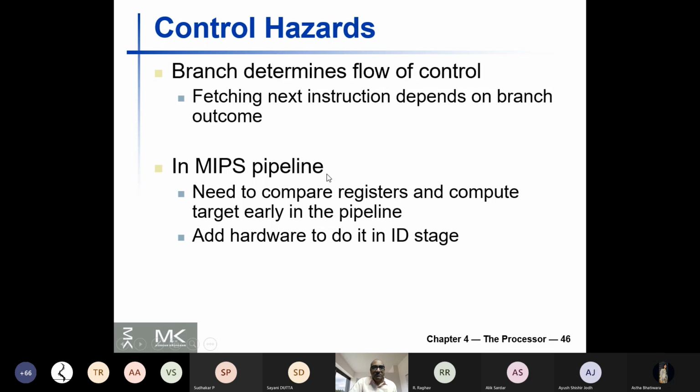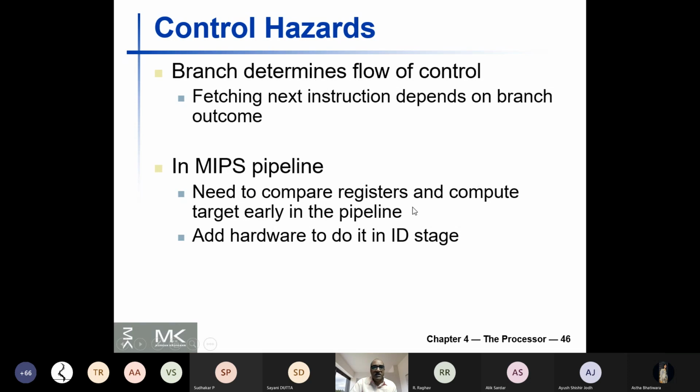So in case of the MIPS pipeline, the way this branch instruction will be executed, we are already aware of that. We need to compare the register arguments, and along with that, we also compute the branch target. Then based on the comparison output, the next instruction will be either the branch target or the immediate following instruction.